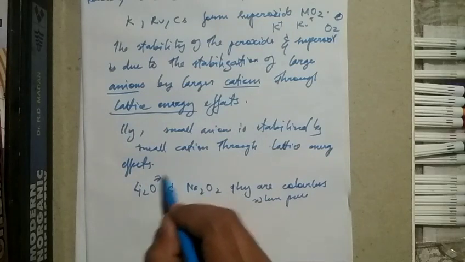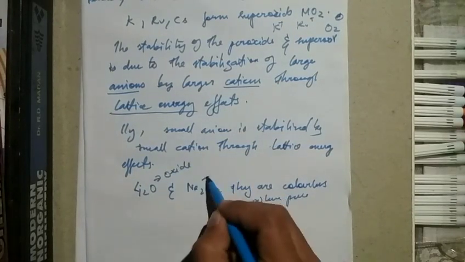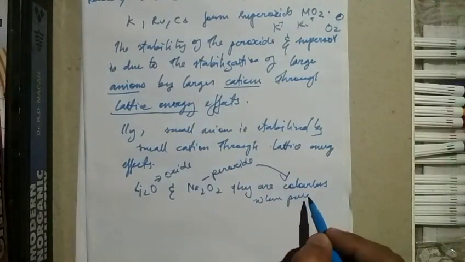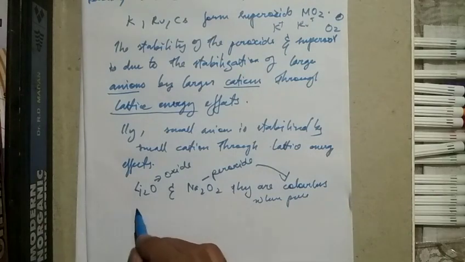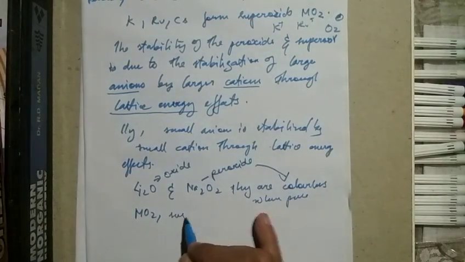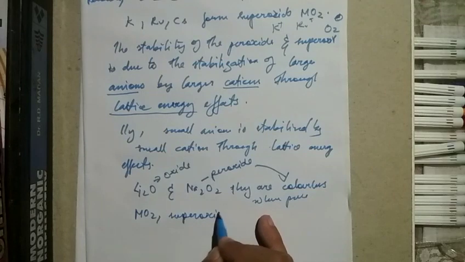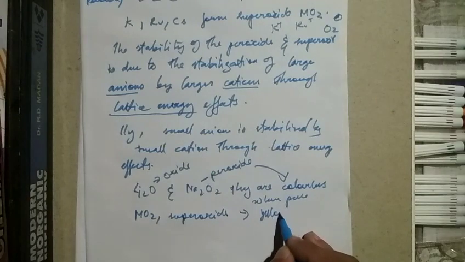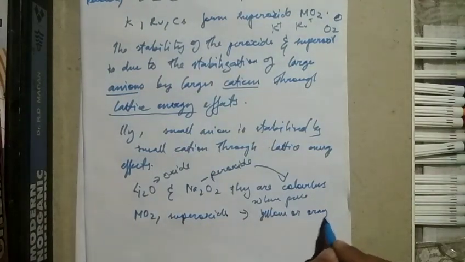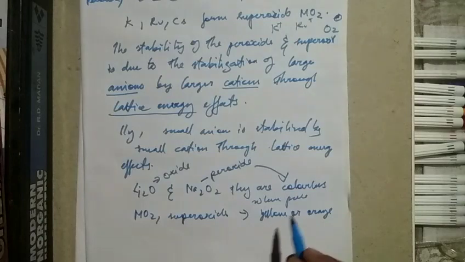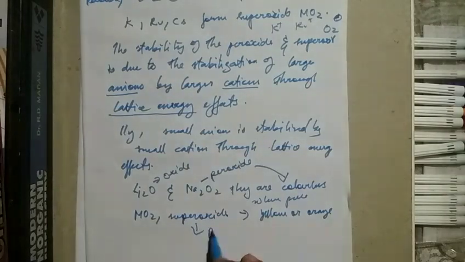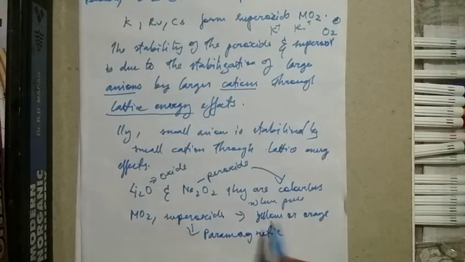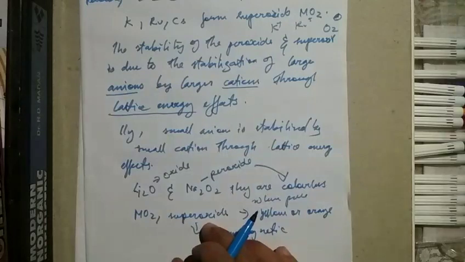That means this oxide and peroxide are colorless when pure. The MO2 superoxides are yellow or orange in color. These superoxides are also paramagnetic, a magnetic property.